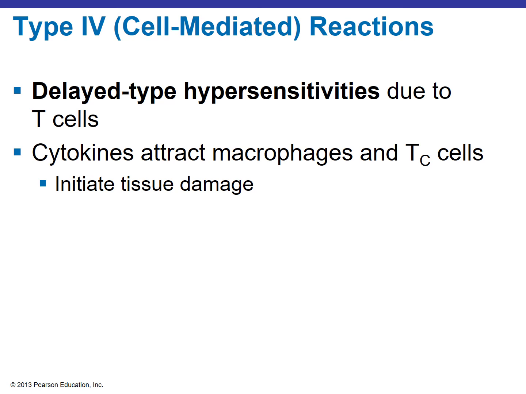Re-exposure would be the damaging secondary response. The memory T cells would then activate T cells to release cytokines, which would contribute to inflammation and attract more phagocytes and initiate the tissue damage.